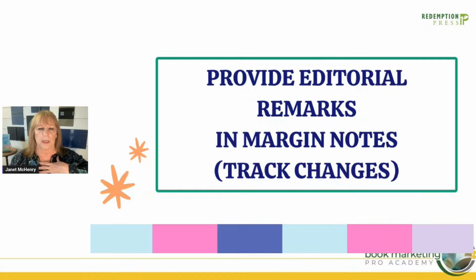So she might provide editorial remarks and margin notes using track changes. Word has the feature, and we submit our manuscripts in Microsoft Word. Word has a track changes feature, and you'll find that when track changes are given to you with feedback from your editors, you will go over to your right hand side, and you'll find these remarks there.